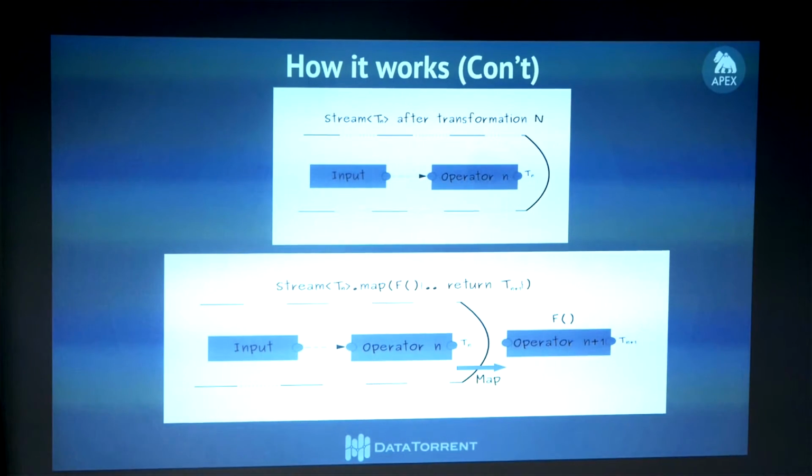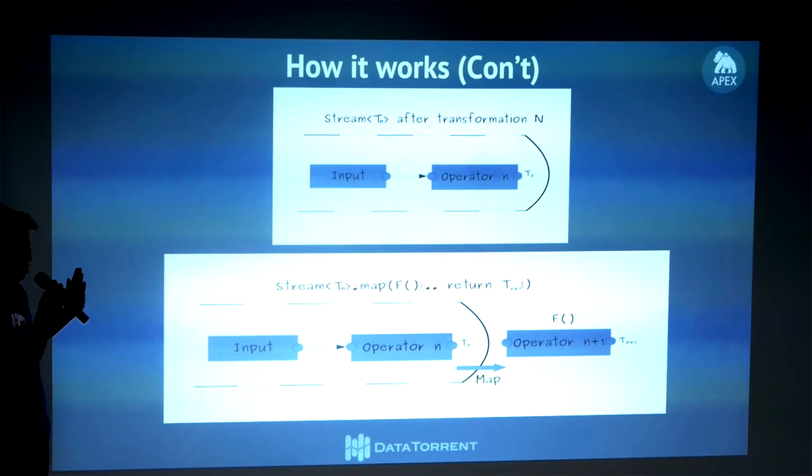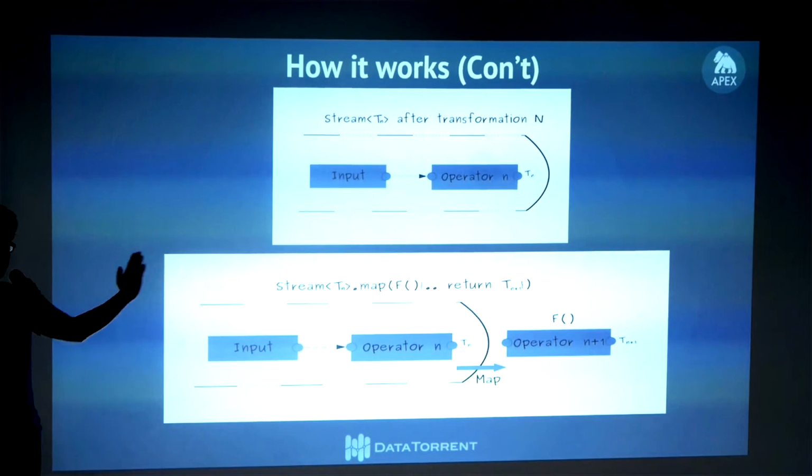Let's say, for example, we do a map on this stream of type T sub n, and the map just transforms the type T sub n to type T sub n plus 1. What it actually does in the implementation is it has a wrapper operator, and it connects to the operator exposed at the previous point, and in this way it just extends the DAG bit by bit.